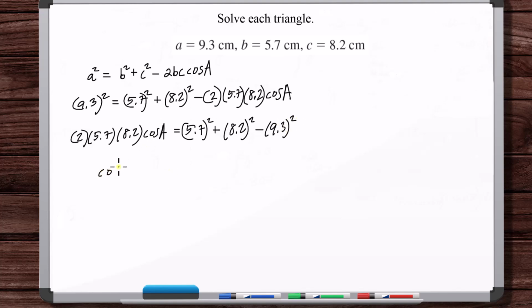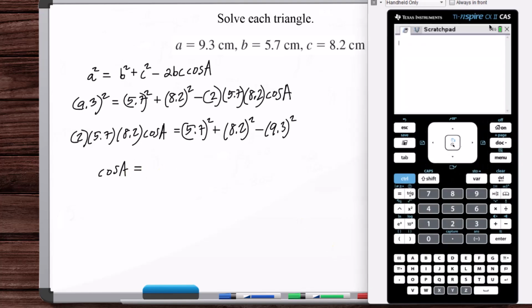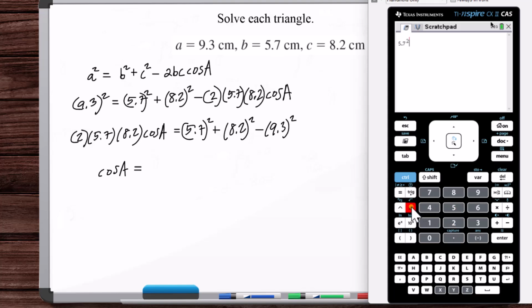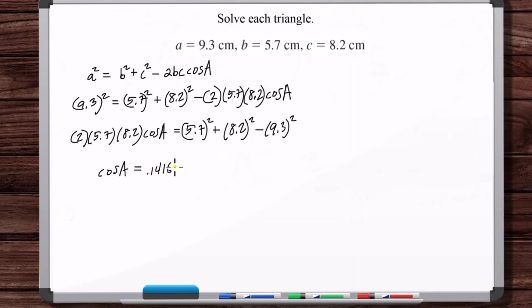So now we can get cosine of A is equal to 5.7 squared plus 8.2 squared minus 9.3 squared, divided by 2 times 5.7 times 8.2. That's 0.141635. Okay, and so now we take the inverse cosine of both sides to get A out.